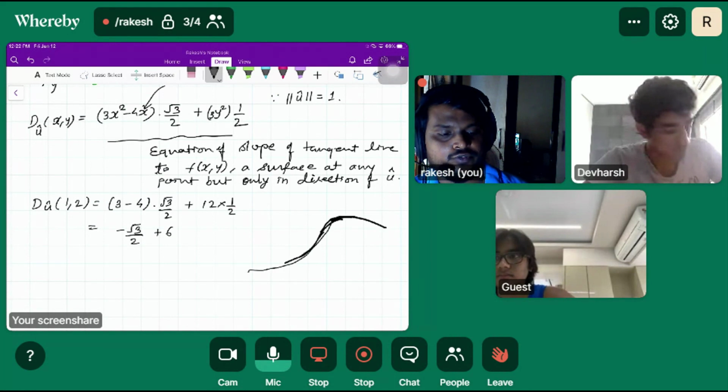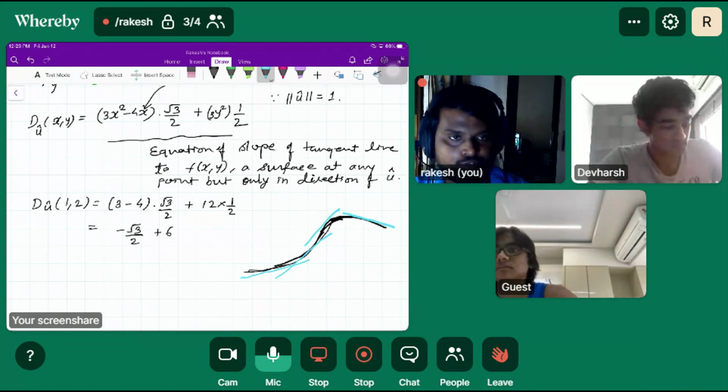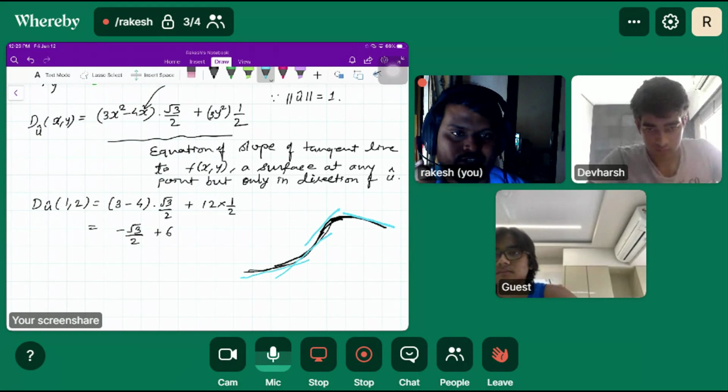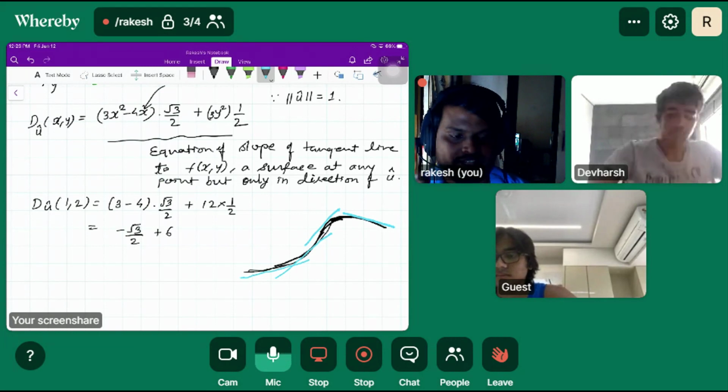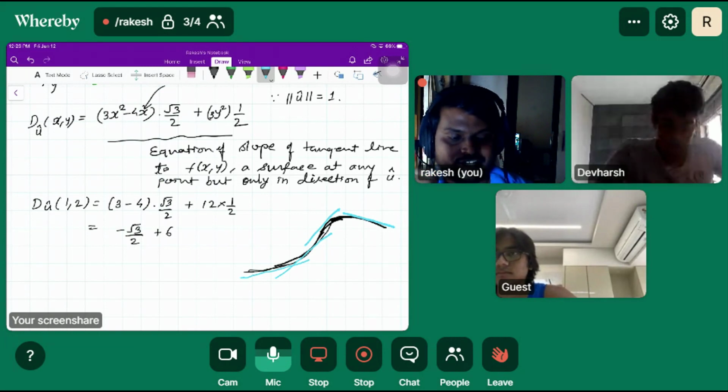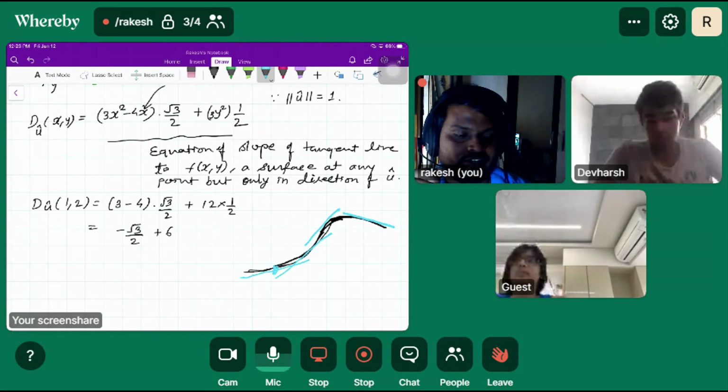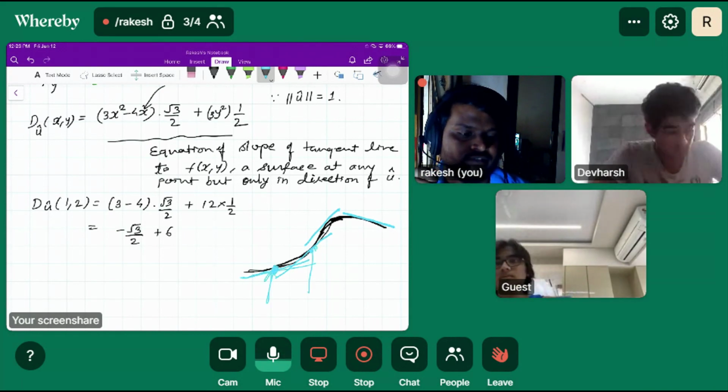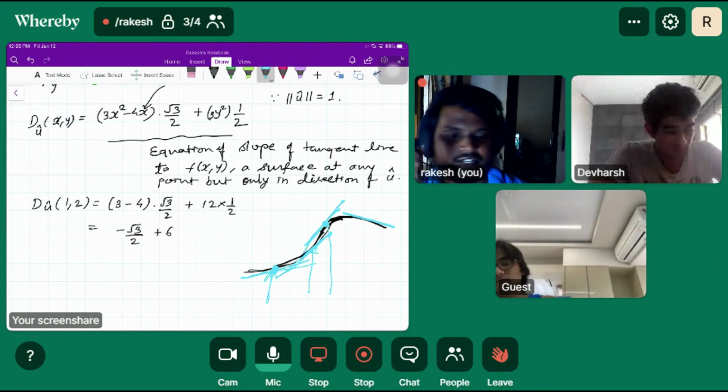If we have a curve in 2D, we can have infinite tangents on this curve, so we get one equation in terms of x and y. To restrict the tangent, we require one point, and that gives us the slope of that particular tangent line.